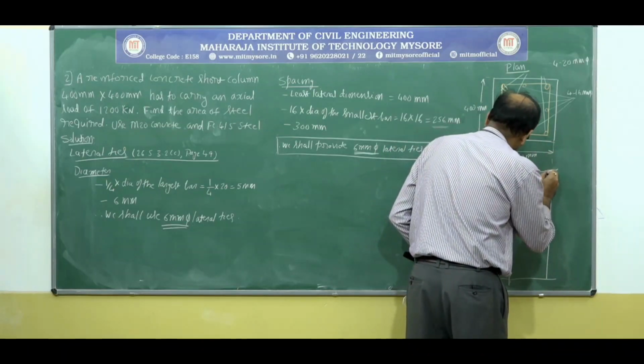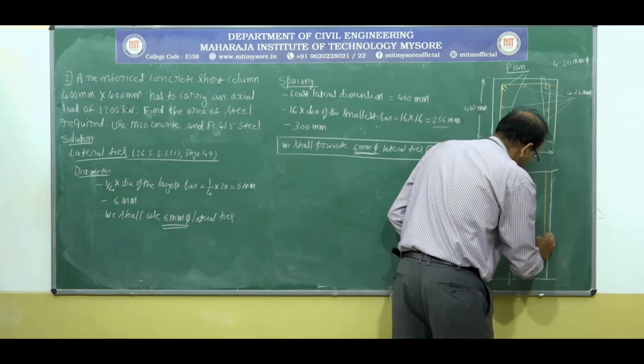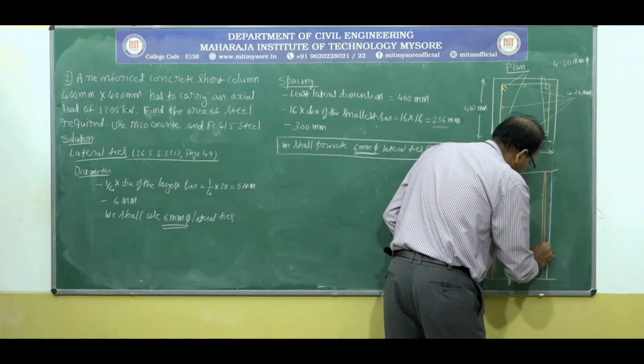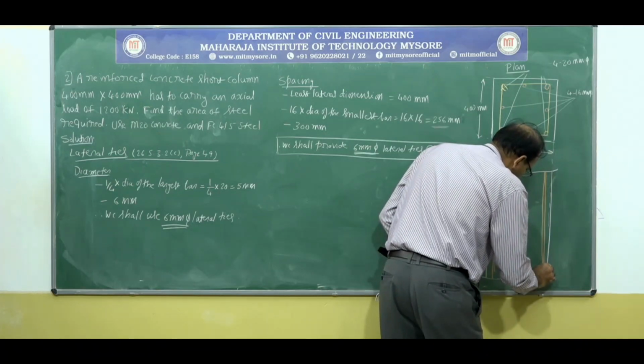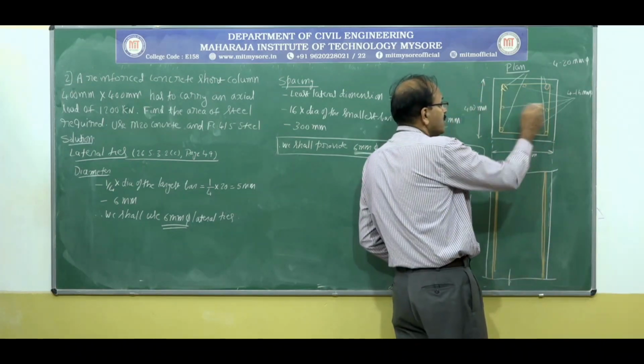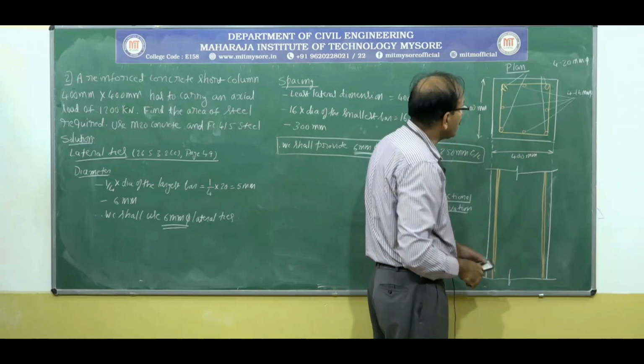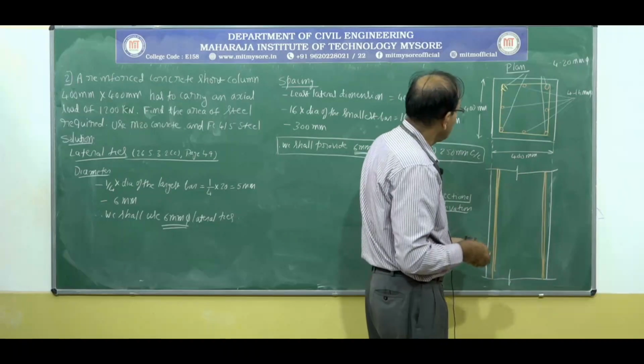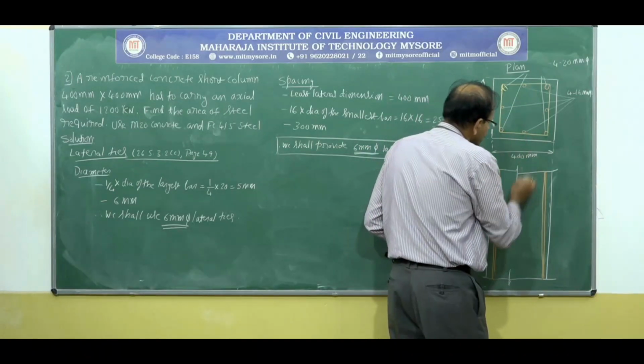At the end we have 20 mm dia bars at the corner, and these 16 millimeter dia bars we cannot see when you look from this side, so they are hidden. However, we can see this bar.